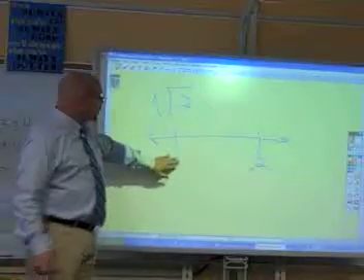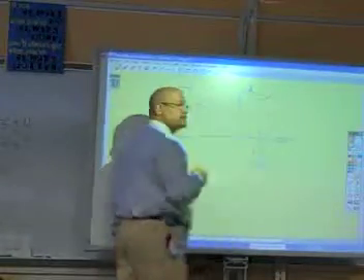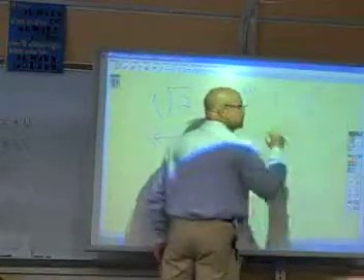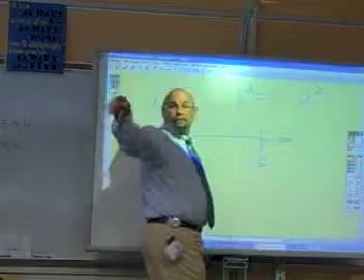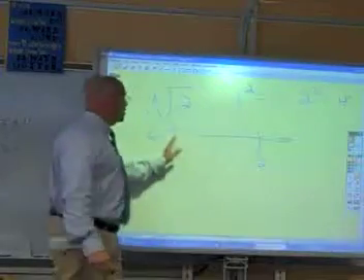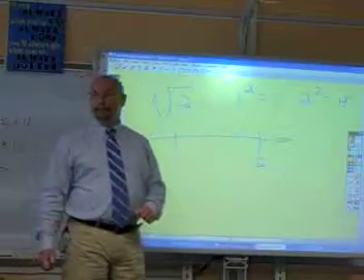So 1 squared equals what? 1 squared equals 1. And 2 squared equals 4. Okay? So that's how we know that it's between 1 and 2. All right.